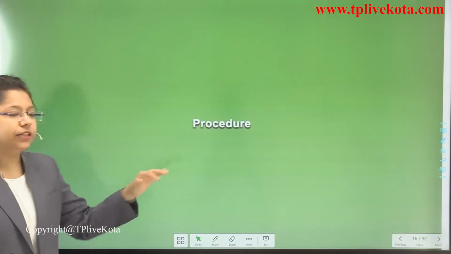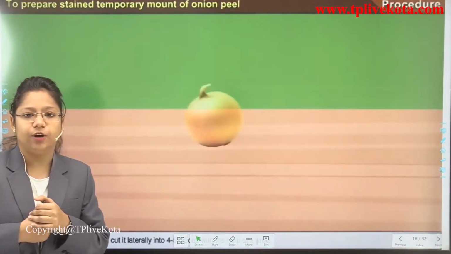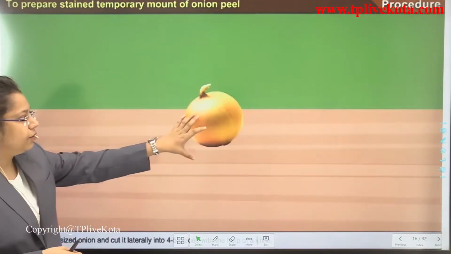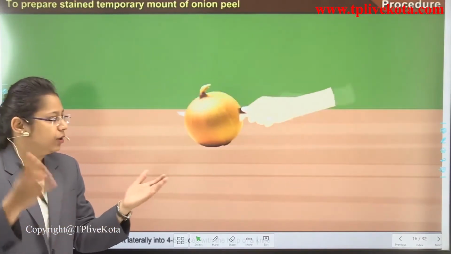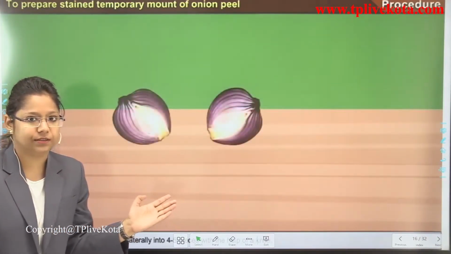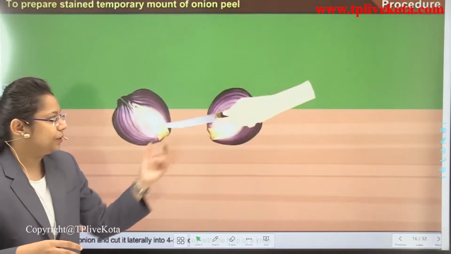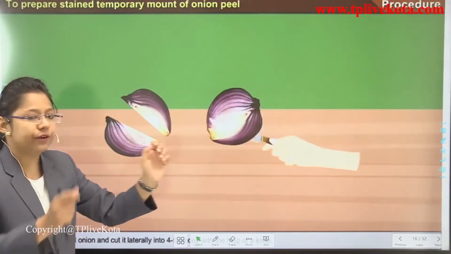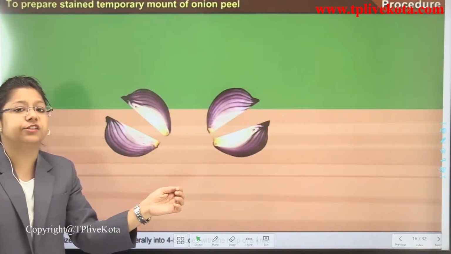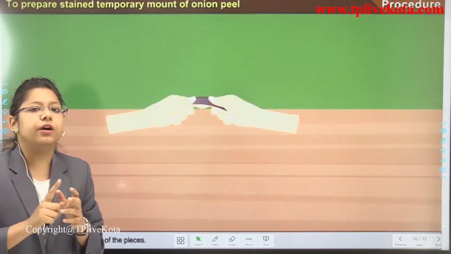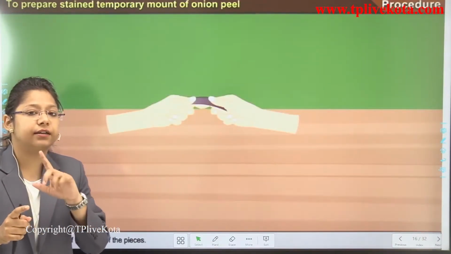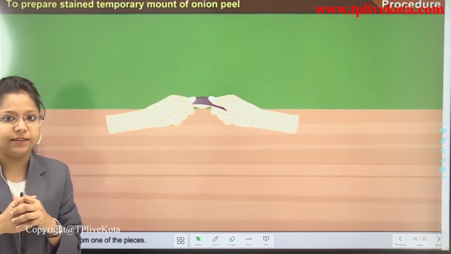Okay, now what is the procedure to make the glass slide of an onion peel? First you have to take a middle size onion and cut it into 2 pieces. Now you have to separate a layer which is transparent. When you cut an onion, you can see that there is a transparent layer present in the onion.